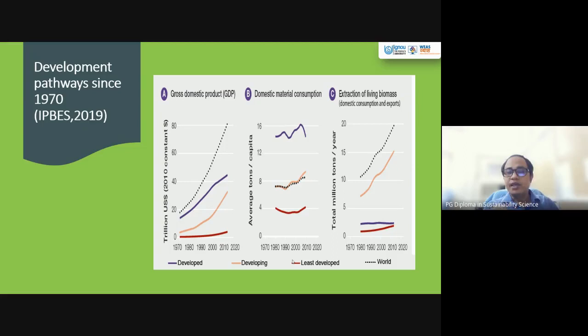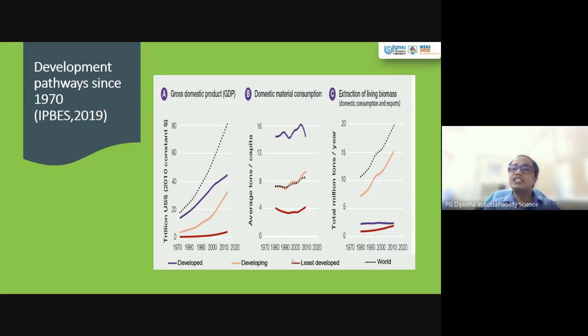Now here, in developed countries, what has happened? Their domestic material consumption rate has decreased because they are extracting from other countries. So this is related to globalization. There is also the world average, and if you look at it, it is increasing.